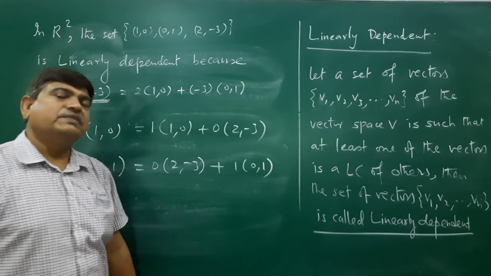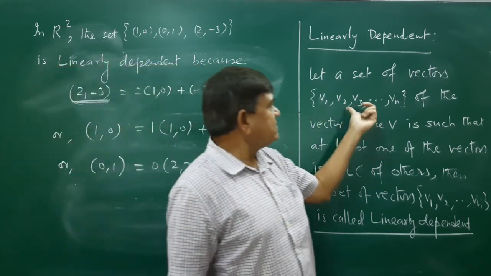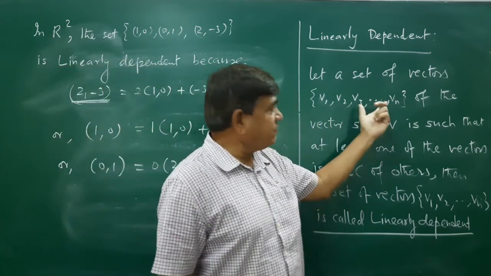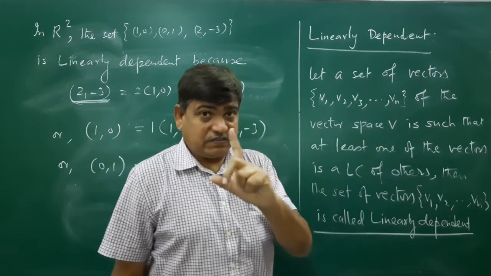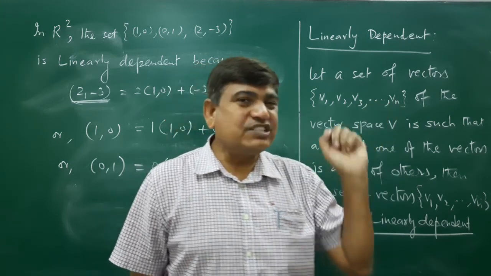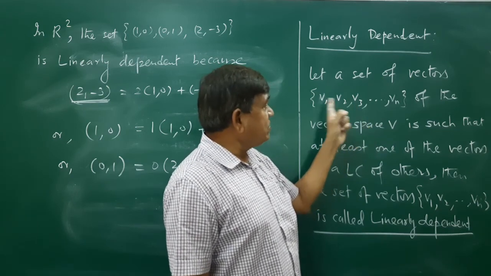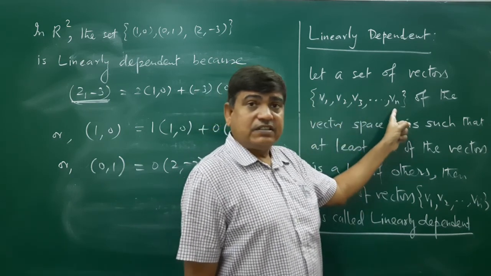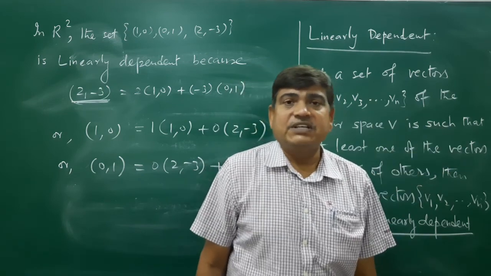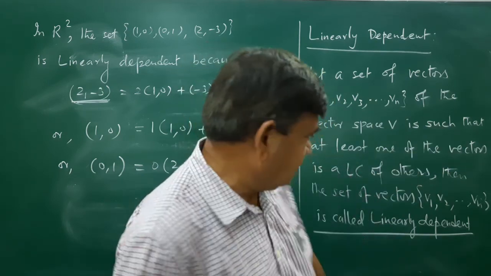So if we have n vectors, if any one of them, at least one, not all, suppose I say V3 is a linear combination of others, then this set is known as linearly dependent. Okay.